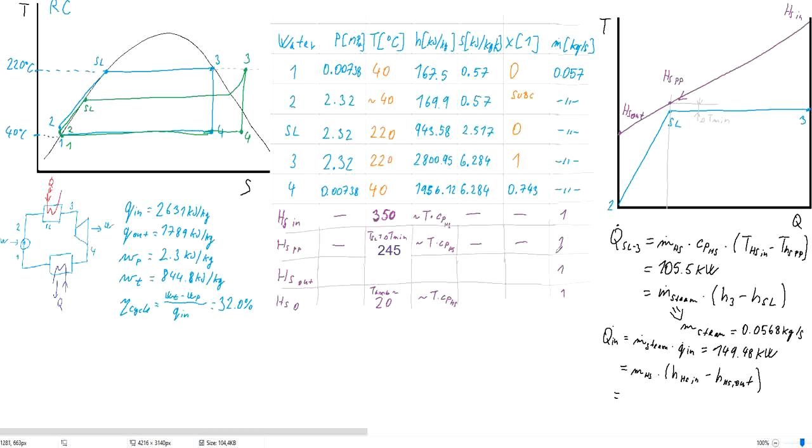The mass flow rate of the heat source is 1 kilogram per second multiplied by, and now the enthalpy of the heat source is specific heat capacity Cp times T. So it's 1 times Cp, let's have it generally, heat source specific heat capacity, if we assume it as constant, multiplied by temperature heat source in minus temperature heat source out.